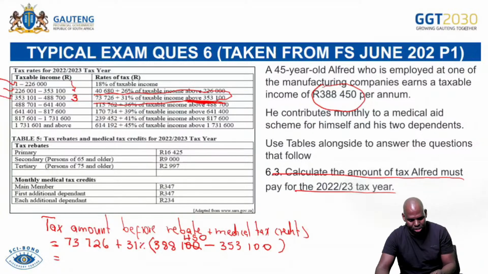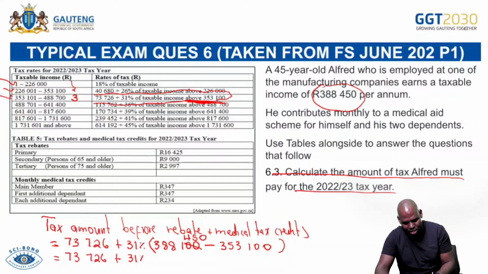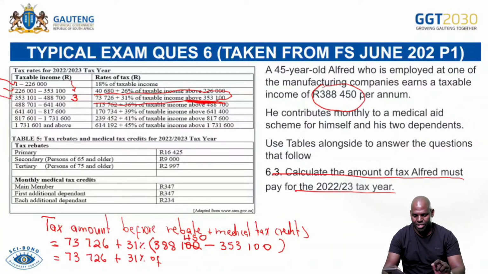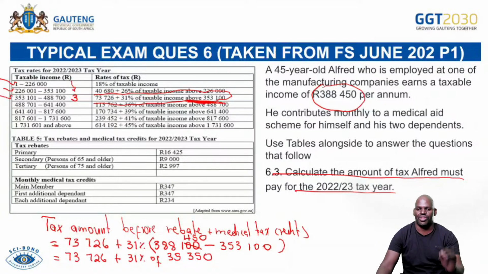So it's 73,726 plus 31% of, in brackets, 388,450 minus 353,100. Then I can simplify step by step. It's very important to do everything step by step. Inside the bracket, 388,450 minus 353,100 gives me 35,350 rand.